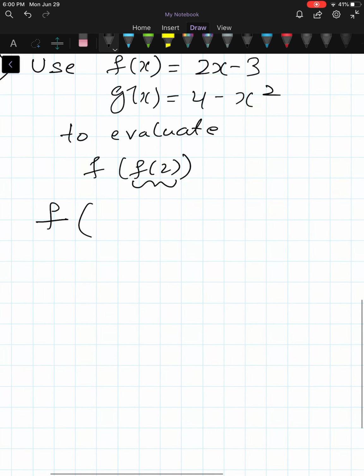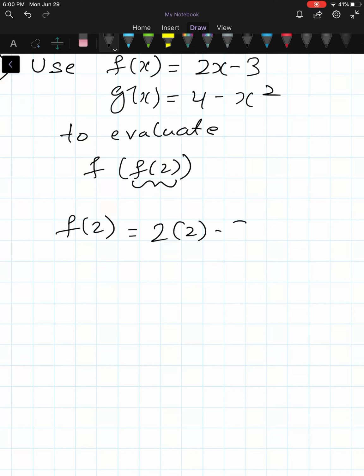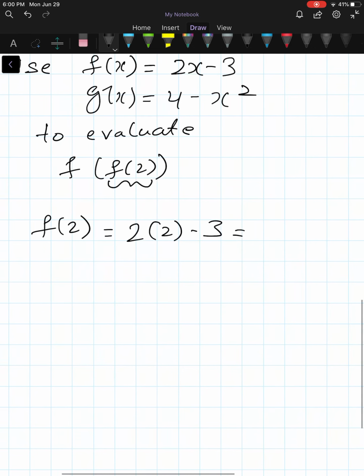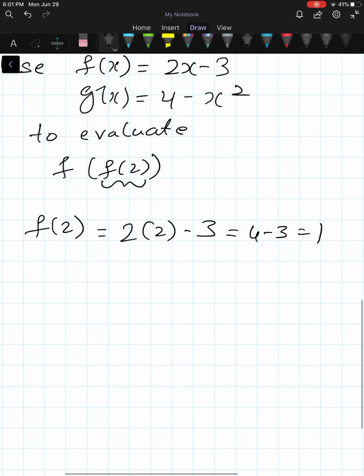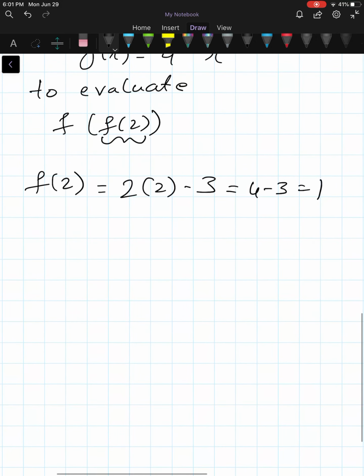So f of 2 is wherever there is x in f of x, you substitute 2 in that place. So 2 times 2 minus 3, so that is 4 minus 3, that will give us 1. Okay, so f of 2 is 1.